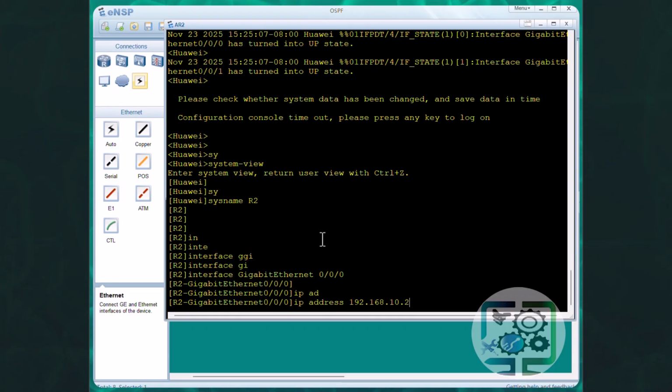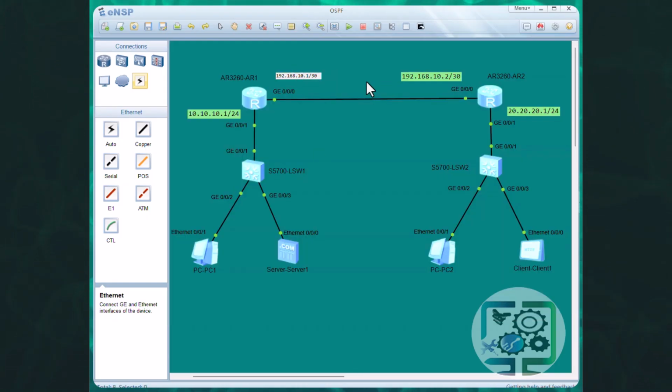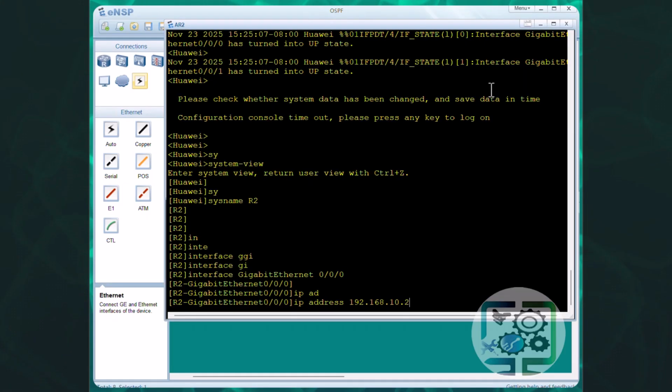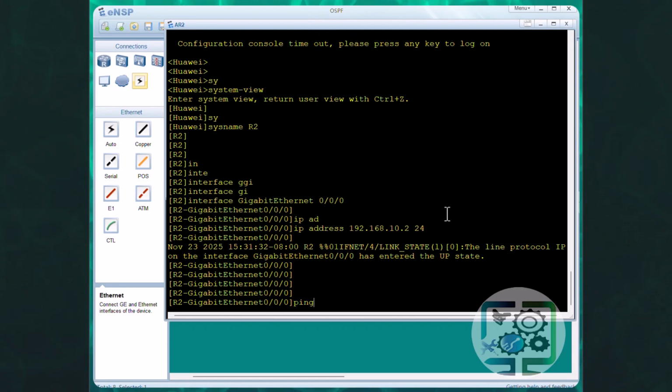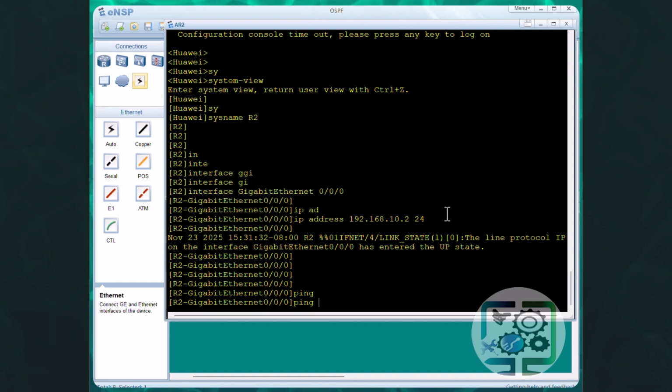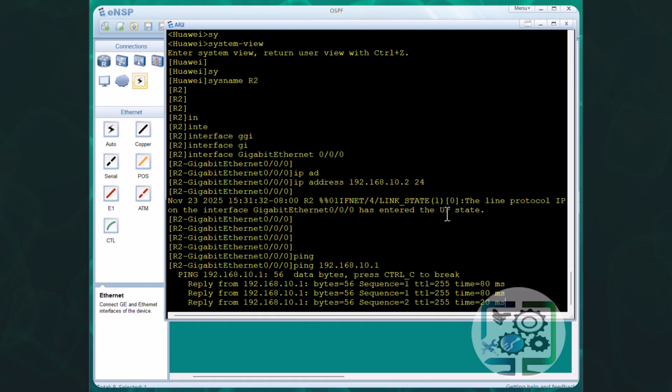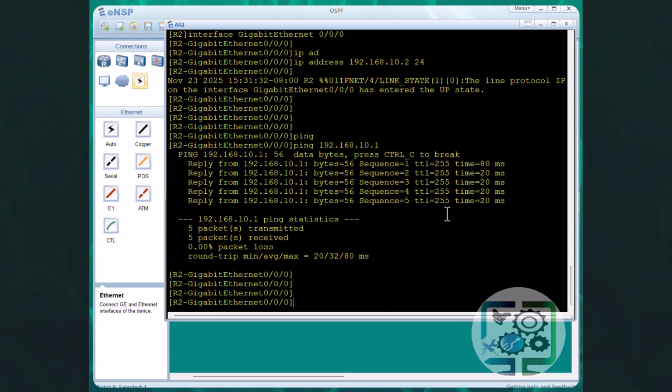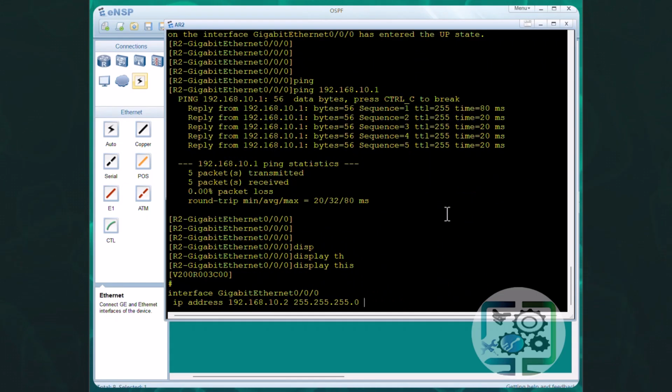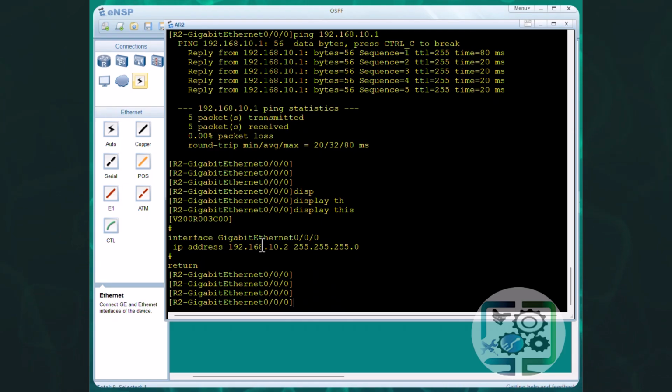On the other router we configured 10.1, and here we will configure 10.2, so both routers can be connected together and communicate with each other. Now we can ping 192.168.10.1. See, we can ping the other router, and on this interface we have this IP address configured.